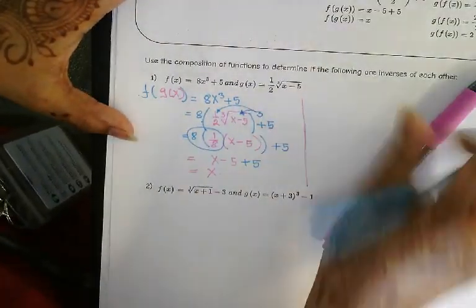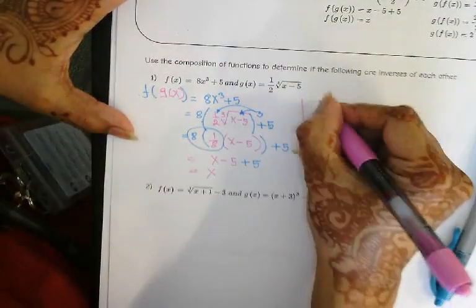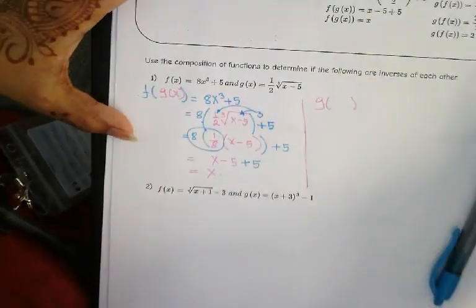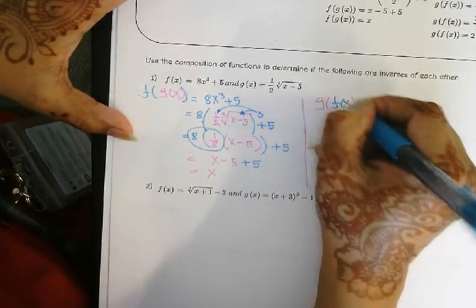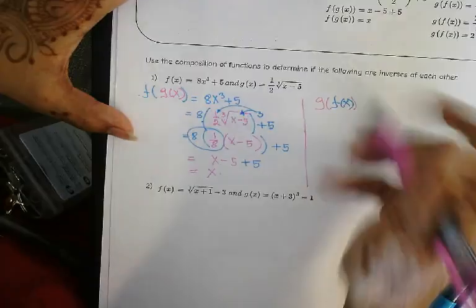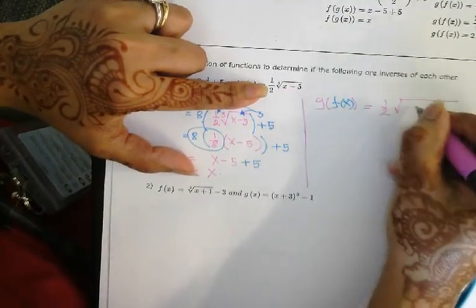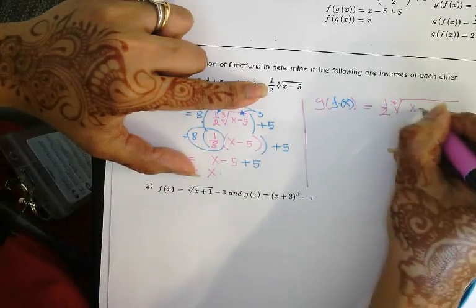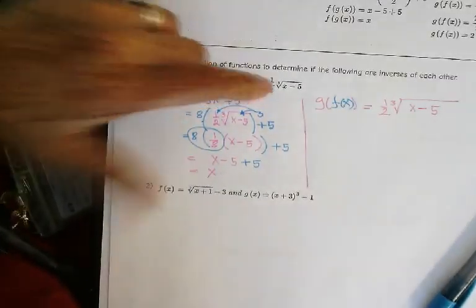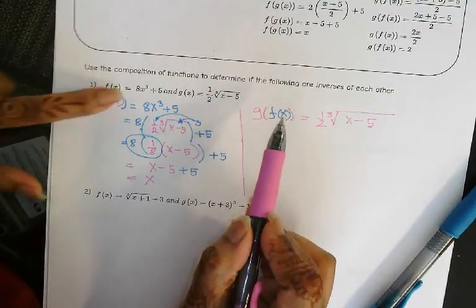So I'm going to take this function, and inside it's going to be the f function. Now let's write down the g function here: 1/2 cube root of x minus 5. In place of x, I'm going to put a big parenthesis and substitute the original function over there.